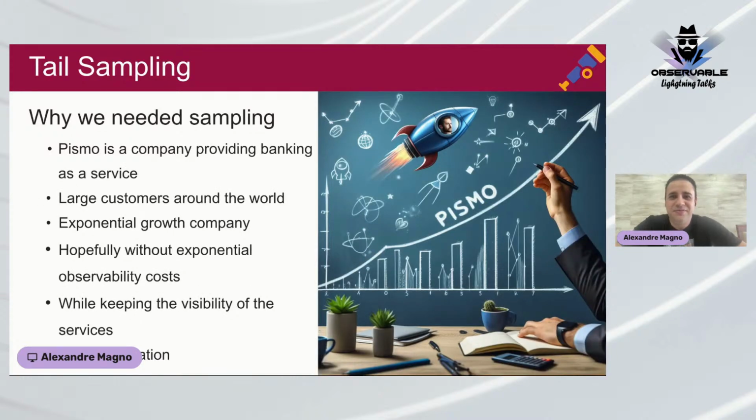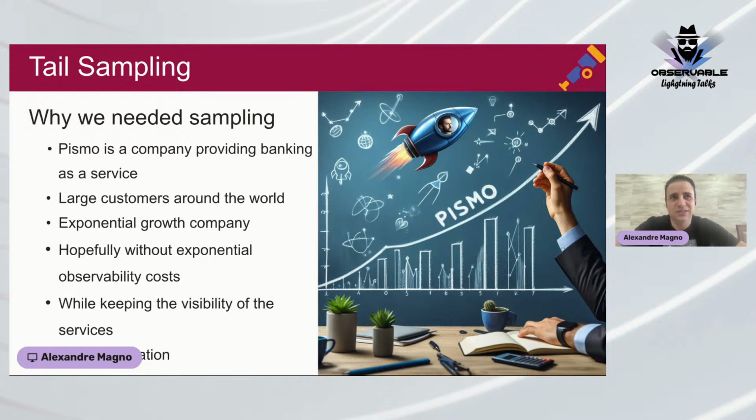Well, first of all, to talk about sampling it is necessary to say why we needed sampling at Pismo. So just to provide a little bit more context about Pismo, Pismo is a provider of banking as a service and has large customers, big banks around the world.